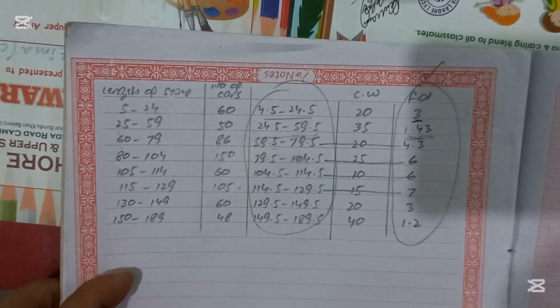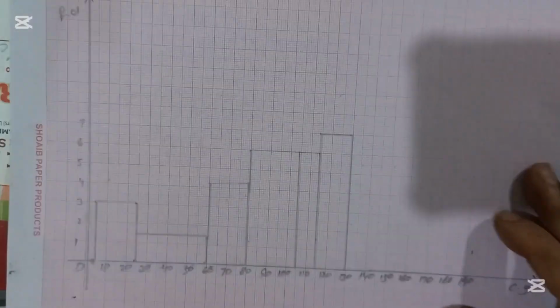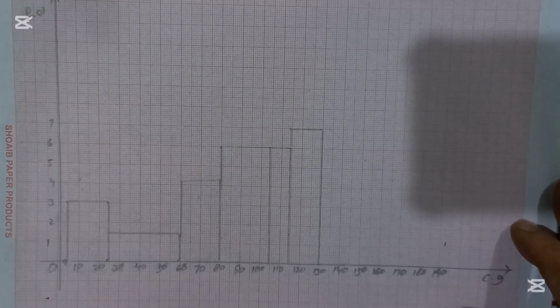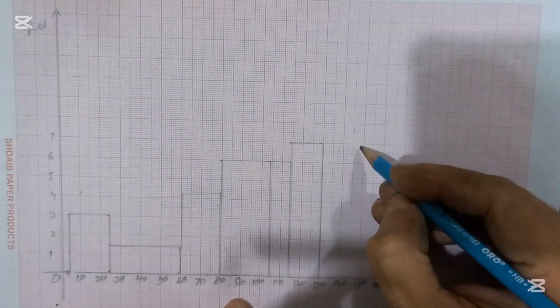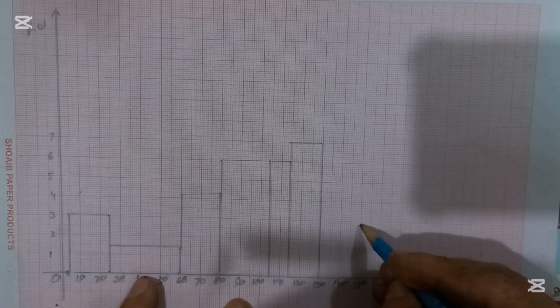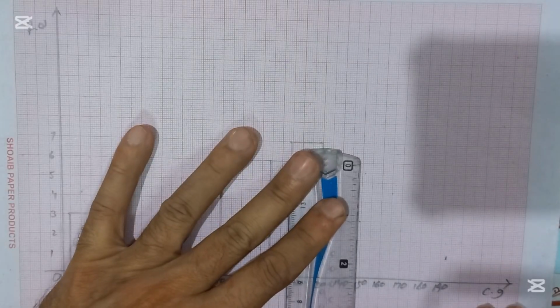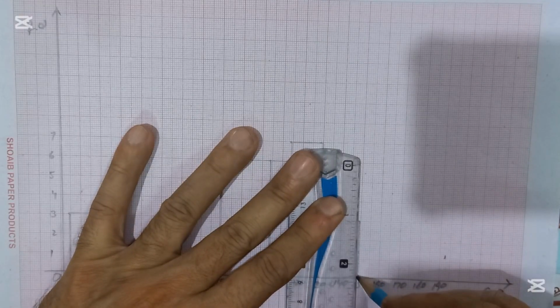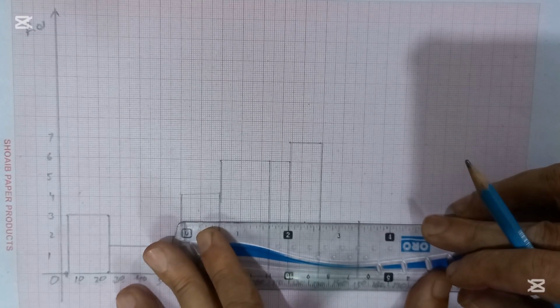Next is up to 149.5 and the height is 3. So here is 149.5 and the height is 3. So this is the height. So this is the second last rectangle.